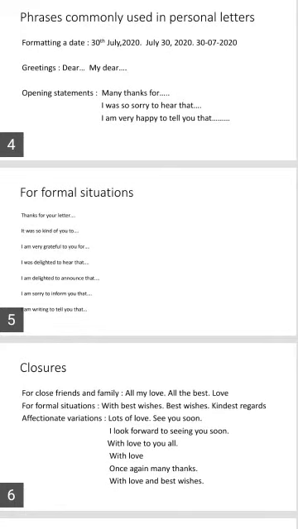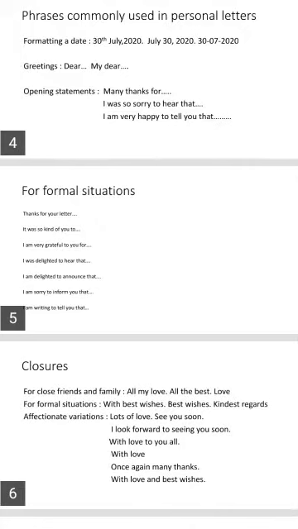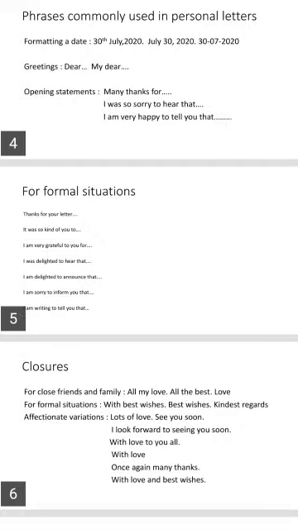Thank you for your letter offering me the opportunity. Thank you for the letter for confirmation of the birth. Like that.